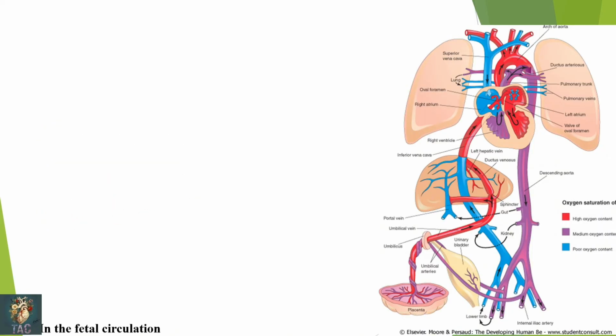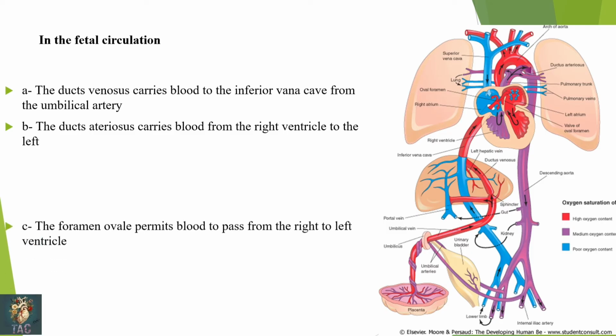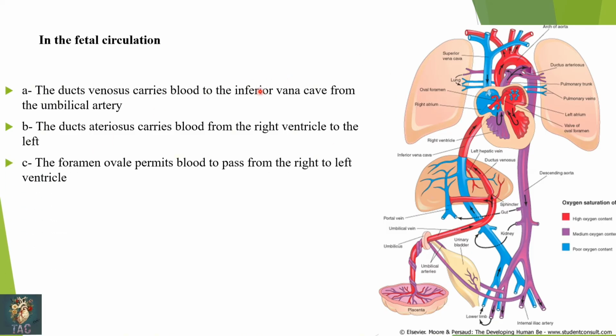Next MCQ is in fetal circulation. The ductus venosus carries blood from inferior vena cava from the umbilical artery. So here you can see this is ductus venosus. This is the inferior vena cava and the ductus venosus, which is carrying the blood from umbilical vein and not the artery. Then ductus arteriosus carries blood from right ventricle to left. No. The foramen ovale permits blood to pass from the right to the left ventricle.